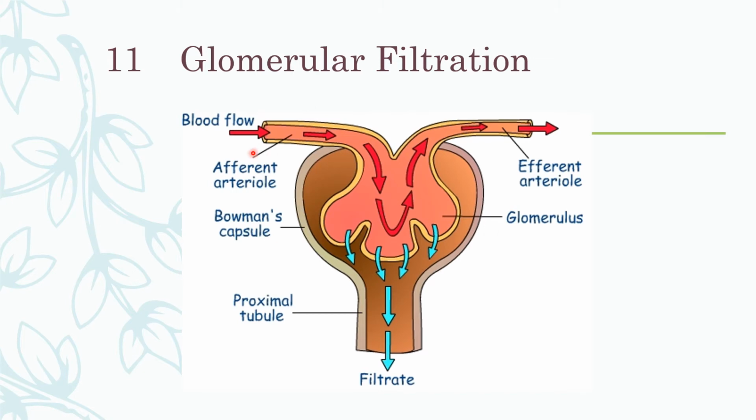And basically what happens is this blood comes in, I'm going to filter out some things. So some things are going to move from the glomerulus into Bowman's capsule, and those will enter into the proximal tubule. Okay. Once those components move from the bloodstream, the glomerulus, into the proximal tubule, they're now known as filtrate.